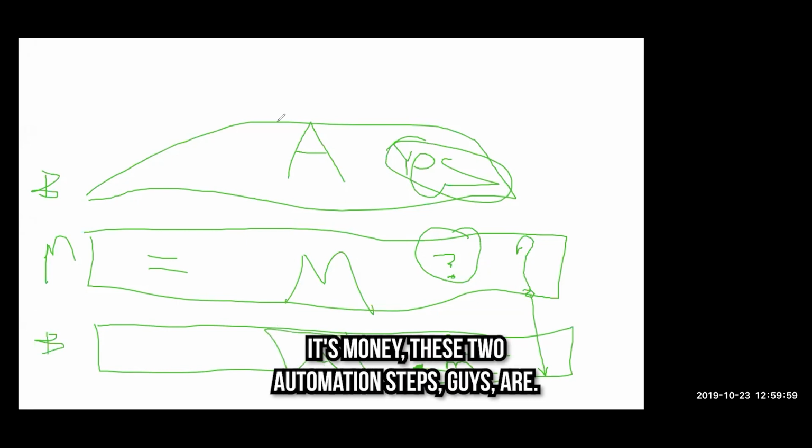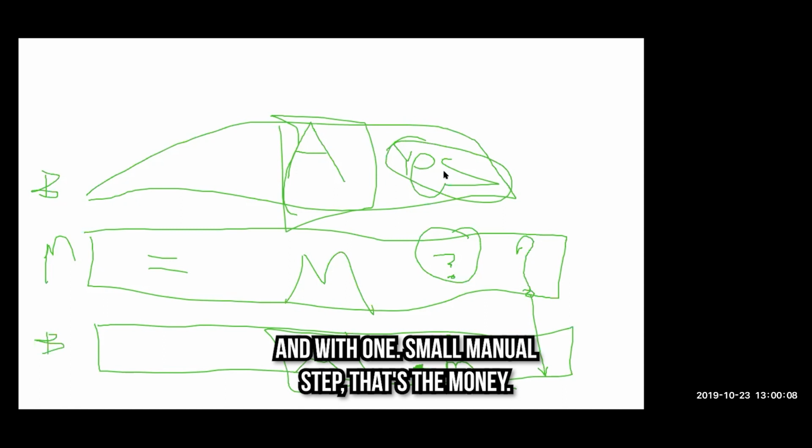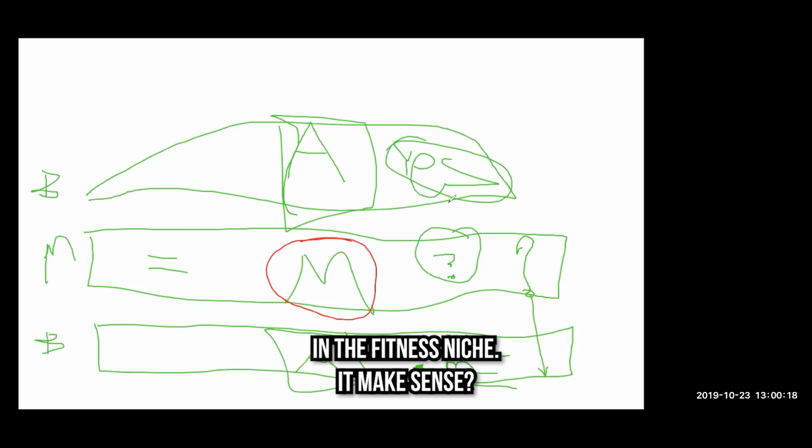It's money. These two automation steps, guys, are what will save your life and your client's life. And with one small manual step, that's the money. That's how we got 60 to 80 appointments per 100 leads in the fitness niche. That make sense?